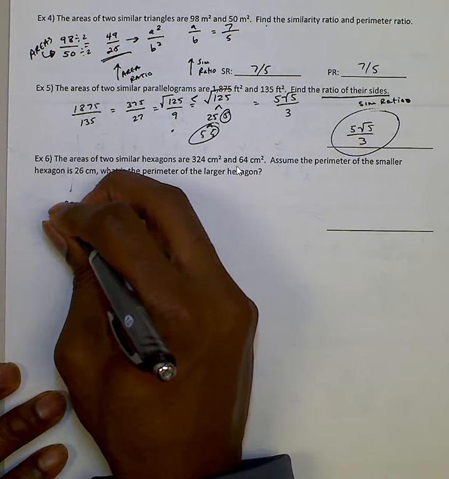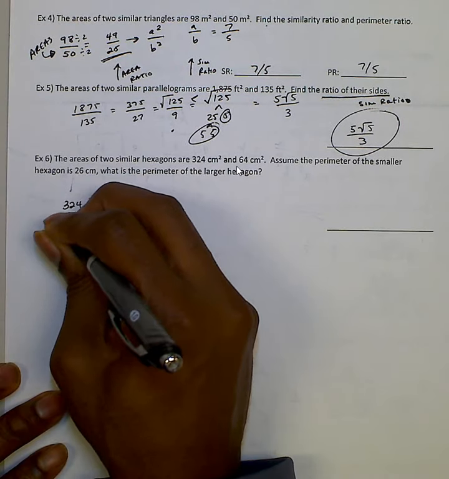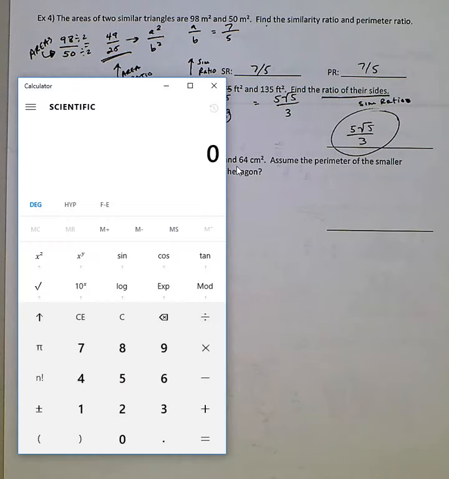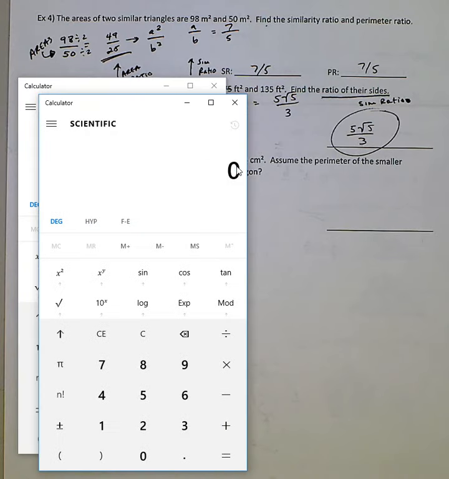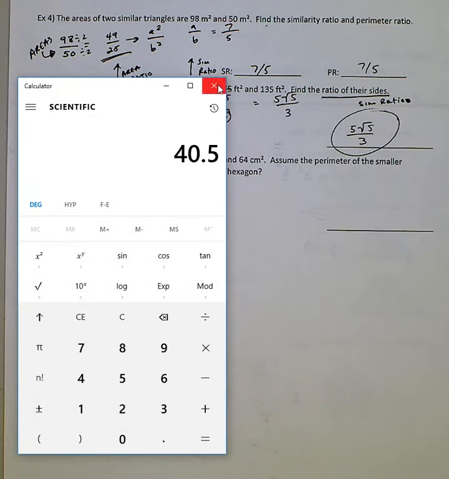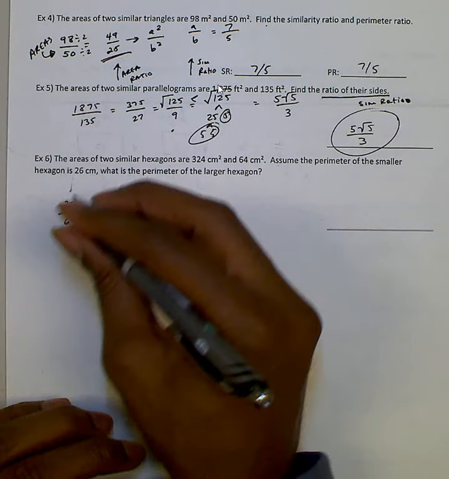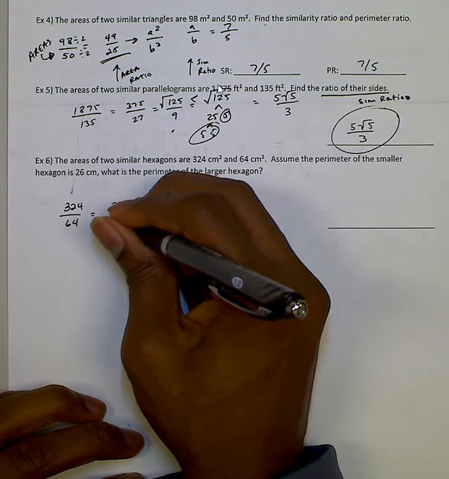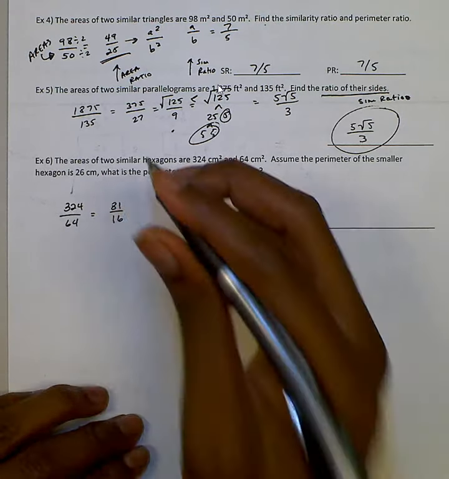So we have 324 over 64. Before we simplify or try to take the square root, we're going to simplify the fraction. So 324 divided by 8. Nope, doesn't go nicely. 324 divided by 4, 81. Okay. So I'm going to divide that by 4. That gives me 81. 64 divided by 4, 16. Okay, this will not simplify any further.